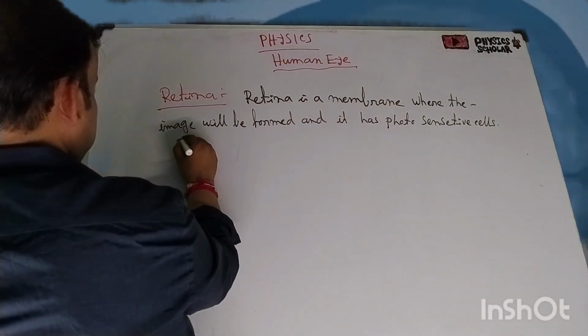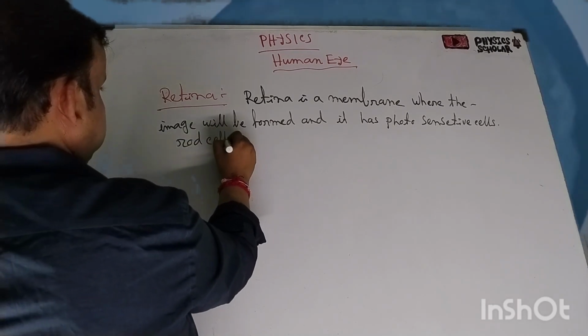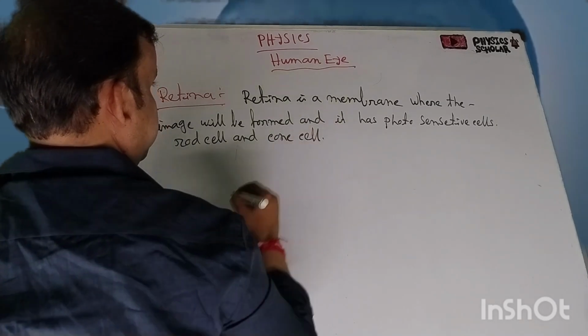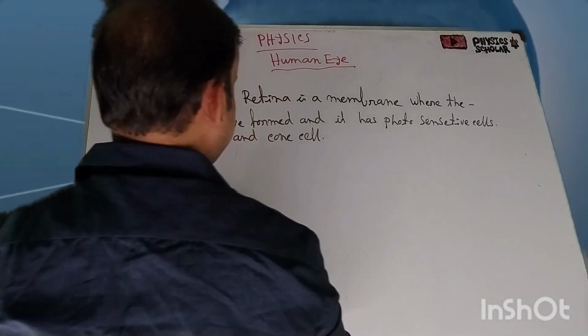That means what? Rod cells and cone cells. Clear? Photosensitive cells, rod cells and cone cells.